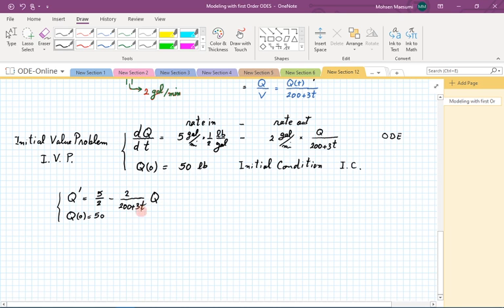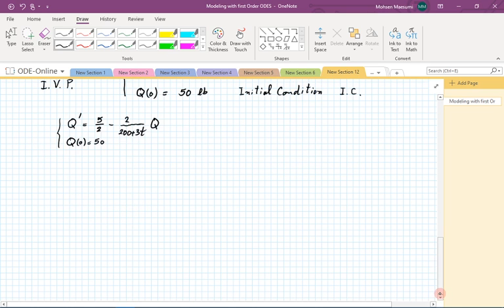Due to the presence of this factor t here, this is not going to be separable. We have to approach this with the method of integrating factor. If the amount of fluid coming in and going out were equal, this factor would disappear. In that case, you could do it as a separable differential equation as well, but here we are pretty much stuck with one method we have talked about.